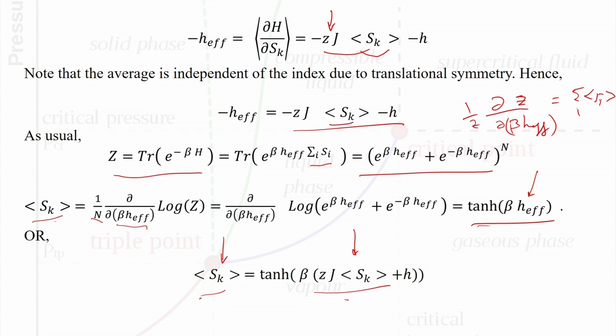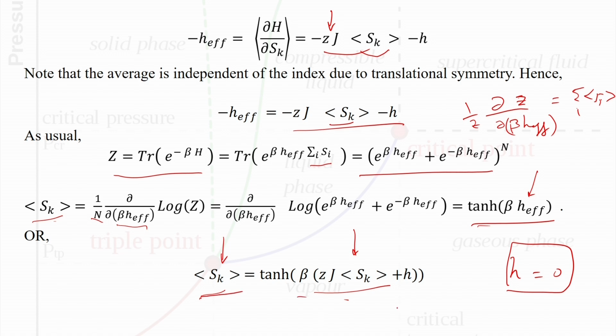But the really interesting question in this example is: if you turn off the magnetic field, if H is 0, is there still a spontaneous magnetization even without the magnetic field? That is the interesting question that we have to ask. So in order to answer that, we first set H equal to 0, and then we plot the average spin at a given site.